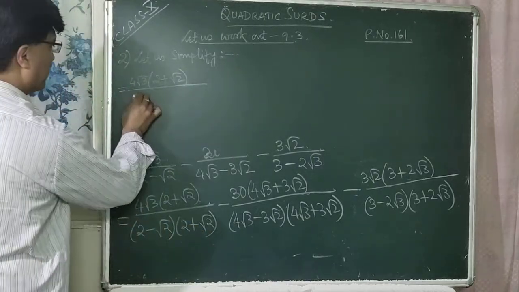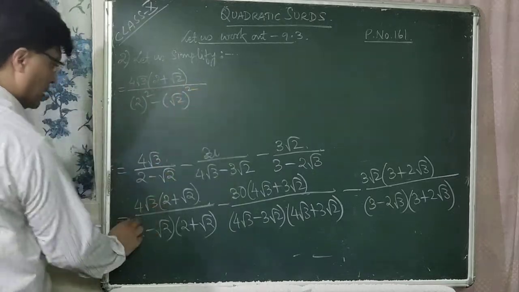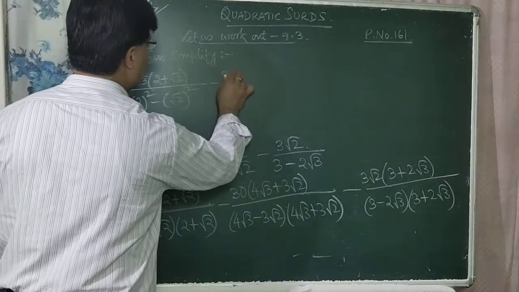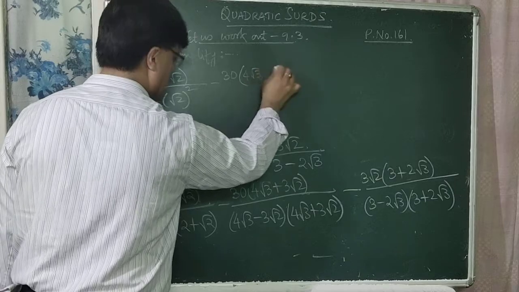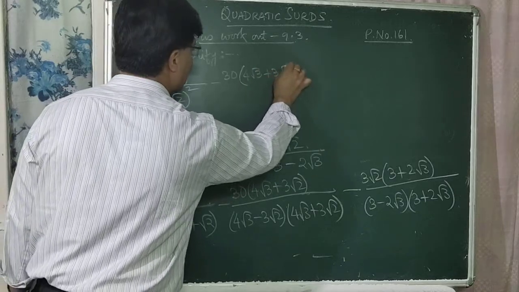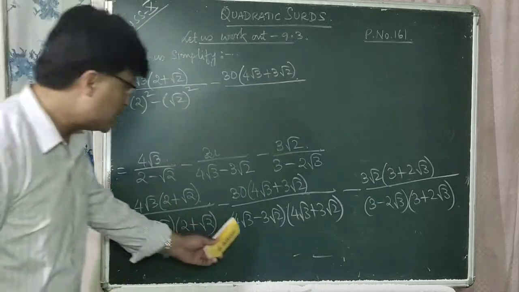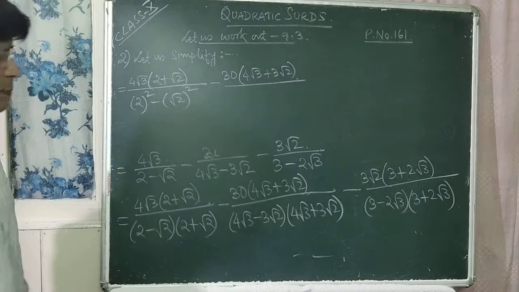What is the formula? a² − b². Here a is 2 and b is √2. Minus 30(4√3 + 3√2) whole divided by, now which is a here? 4√3. Which is b? 3√2. This is (a − b)(a + b).